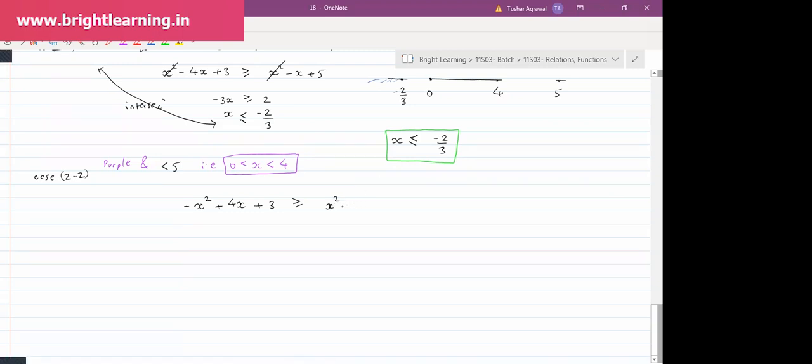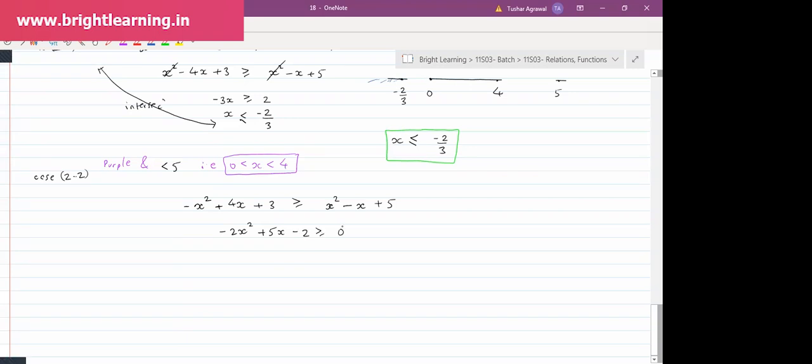Modulus of x minus 5 will be minus of x minus 5. So I will just do the corrections here only. Minus of x minus 5 will be minus x plus 5. Now do the necessary calculations. So here negative 2x square plus 5x minus 2 greater than or equal to 0.